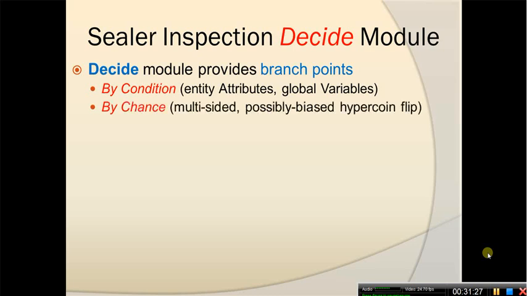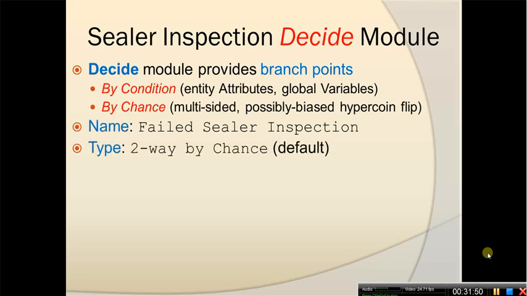And in this case, it's multi-sided, possibly biased, hypercoin flip. So in a way, it's similar to a coin, but the coin only allows two different possibilities. But here we can have many different possibilities when we do by chance. It could be more than two. It could be multiple. And so the name will be failed sealer inspection.